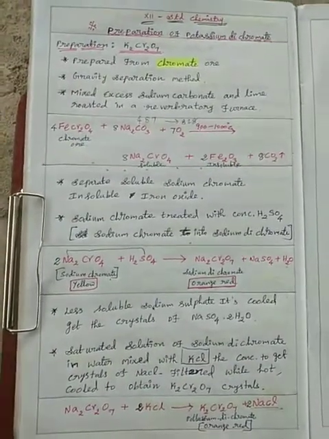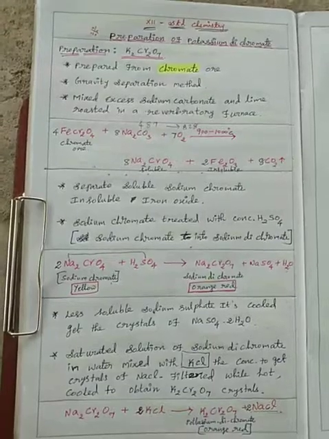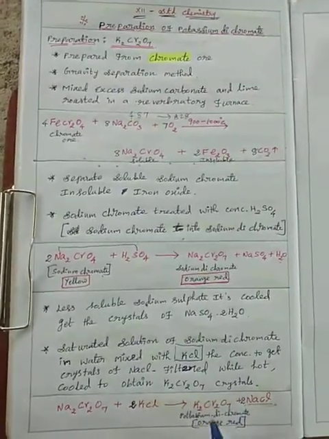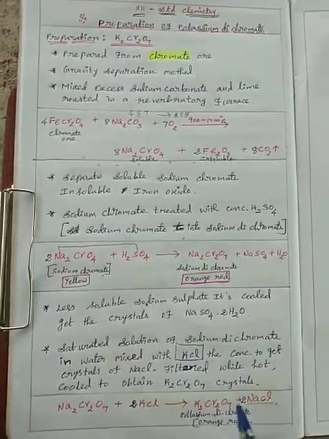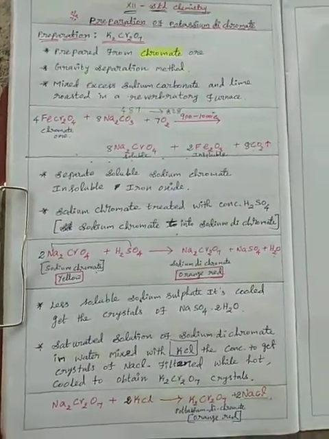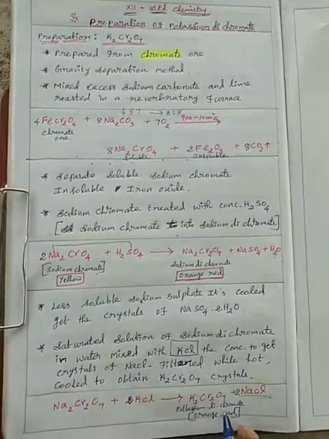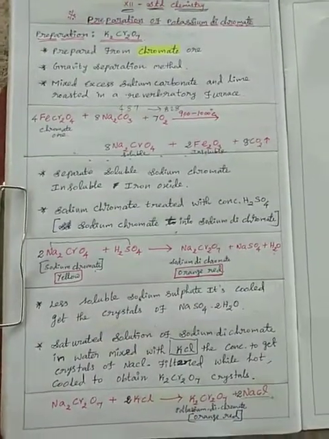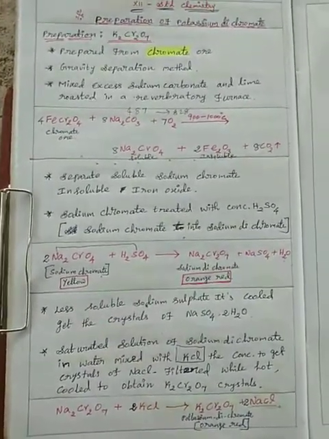How is sodium dichromate prepared into potassium dichromate? Sodium dichromate is mixed with water and potassium chloride to give the product potassium dichromate. So with one easy equation you get an easy 2 marks. Very easy, important step.